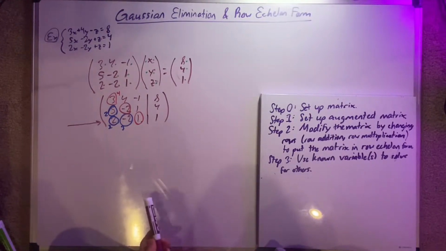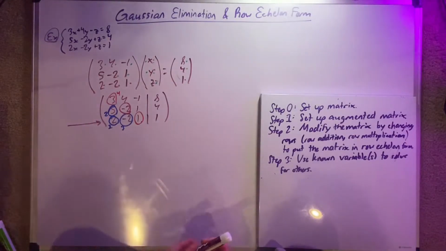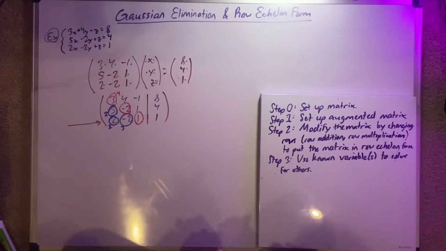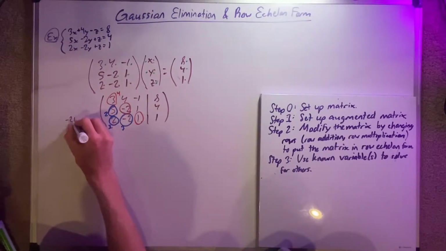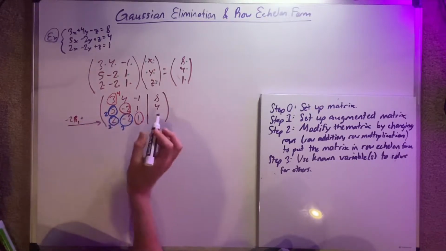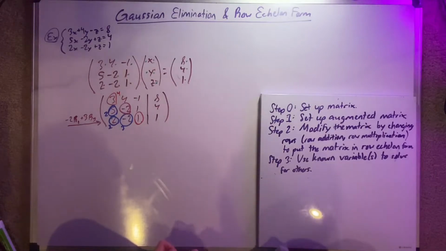Now, what numbers could we multiply some of these rows by to get this number to equal 0 when we add them up? Well, we can say this row multiplied by -2. So we could go -2 row 1 plus 3 row 3. And that would get it to equal 0 if we added them up.